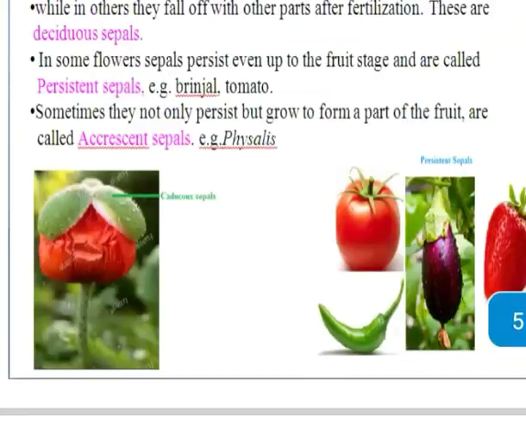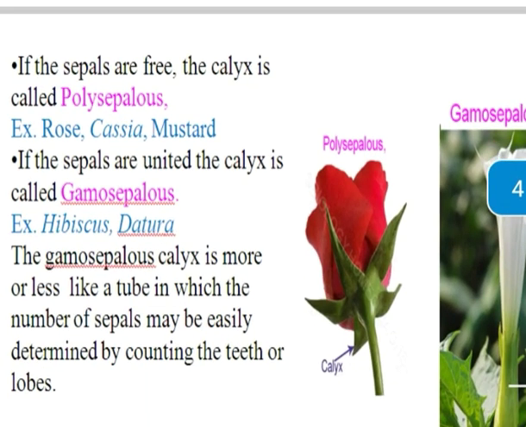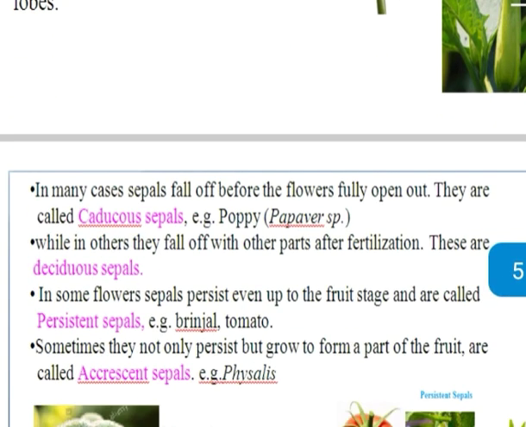So thus the calyx is one of the accessory whorls. It is made up of sepals. Sepals are always green in color. Sepals protect the flower in its bud condition. When the sepals are free, they are called polysepalous. When sepals are united, they are called gamosepalous.